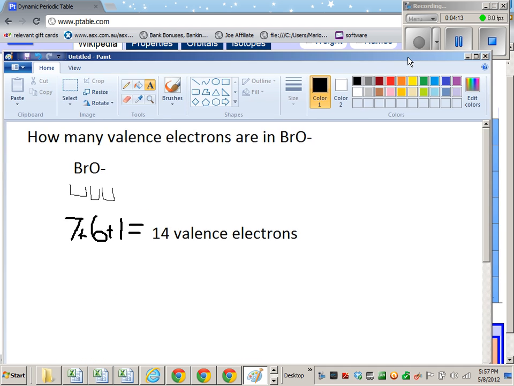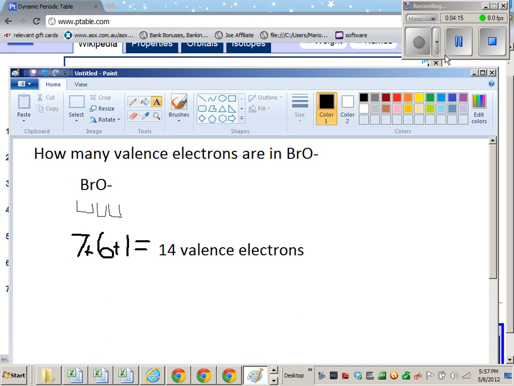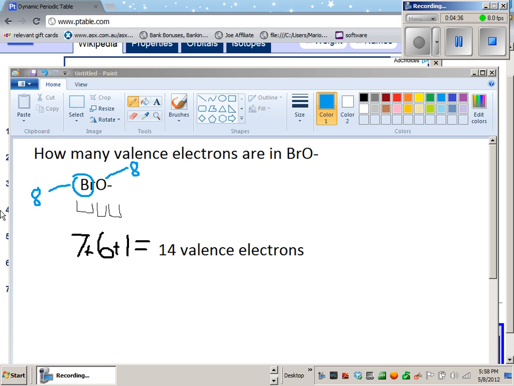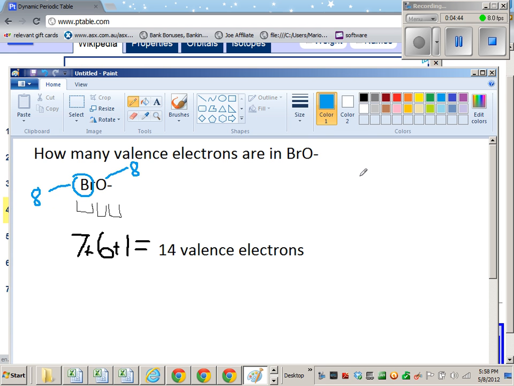With that in mind, we can actually do a little bit of math. We're going to figure out how many electrons total the bromine and the oxygen, or any other covalently bonded elements in this molecular fragment, want to have, and then we're going to figure out how many they have, and figure out the difference. And that will tell us how many will be involved in bonding. So both the bromine and the oxygen want 8 valence electrons. That means that in total, they want to have 16 valence electrons.